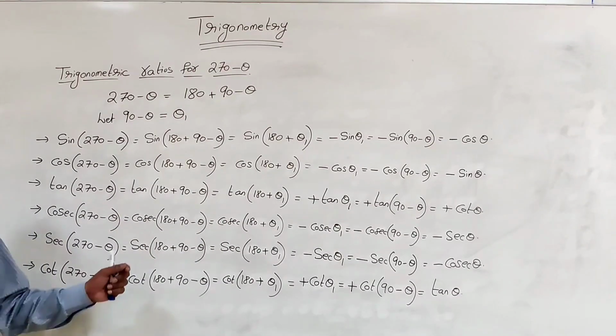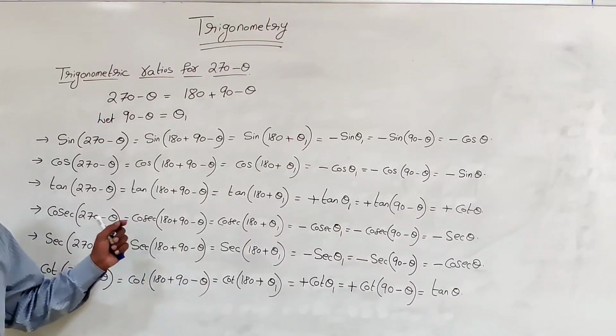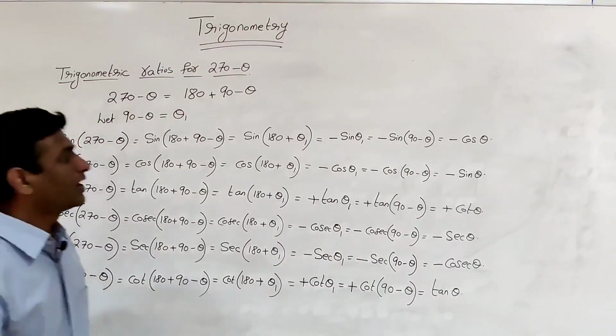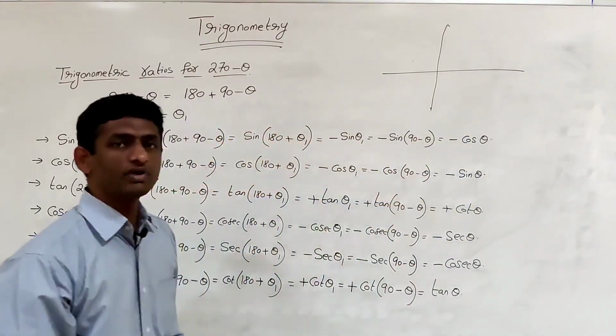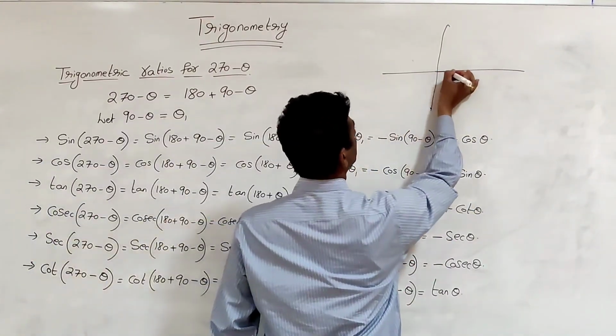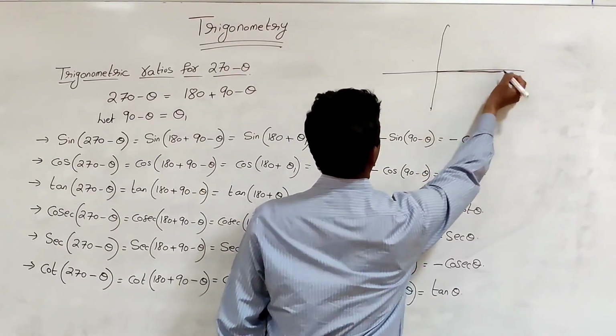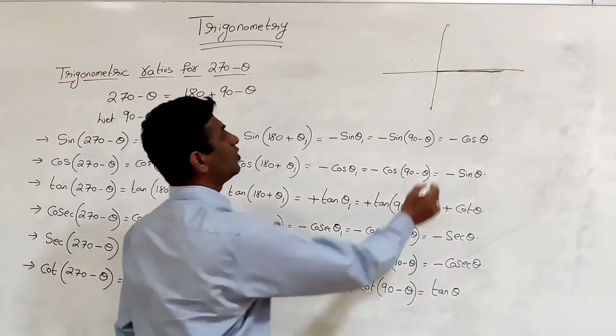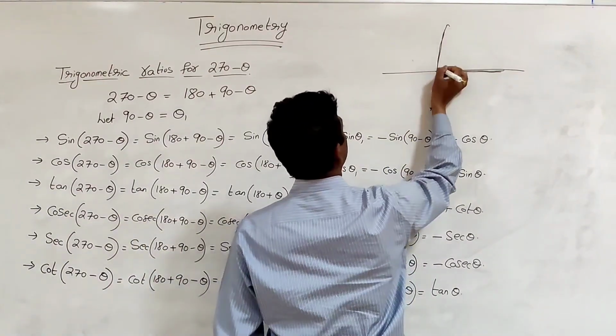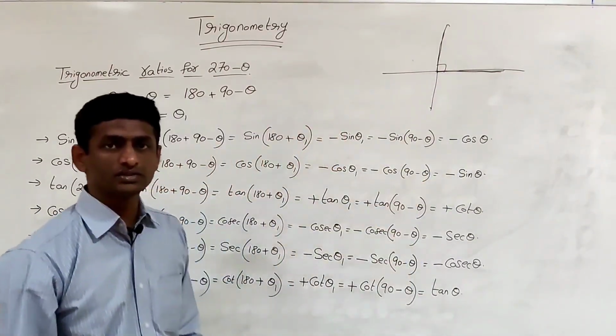So 270 minus theta is also an angle which lies in the third quadrant. Why? Because if you observe the x-axis and y-axis, this is our initial ray and terminal ray. When both are coincident, it gives an angle of 0 degrees. If two lines are perpendicular, then it will be 90 degrees.